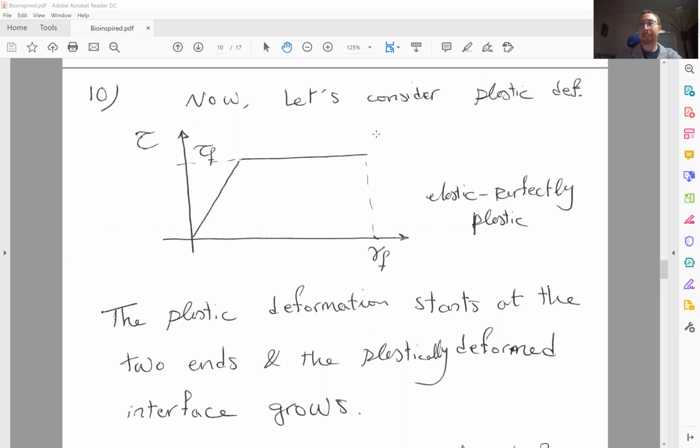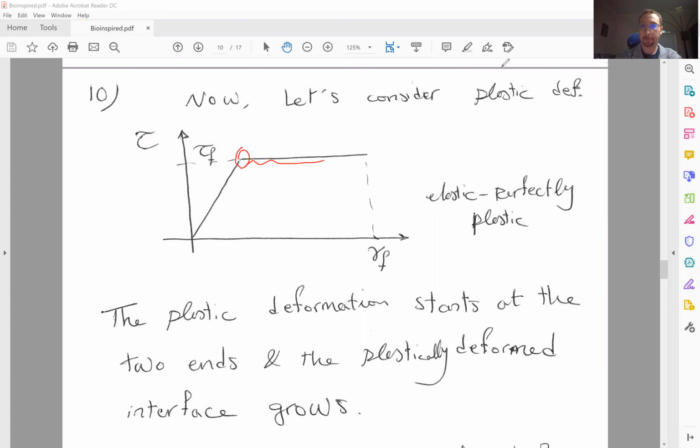Basically, now we have a point in the mortar that is experiencing a shear stress that is this much or higher. So when we increase the load sigma zero applied onto the structure, more and more of the mortar will experience plastic deformation.